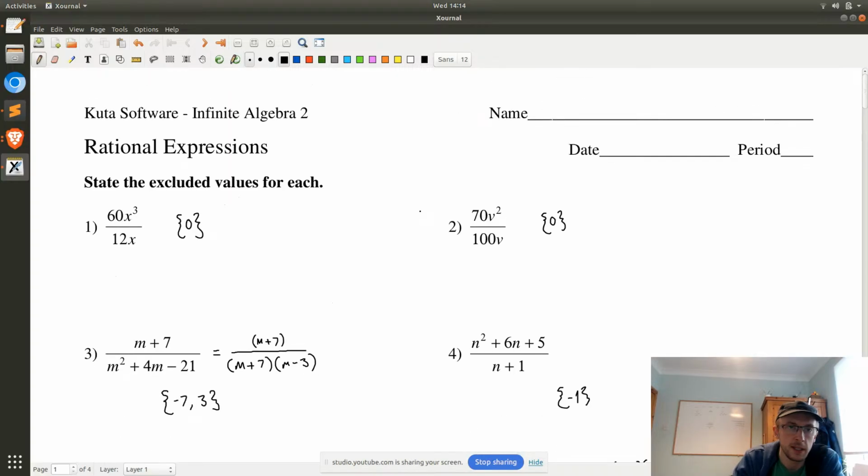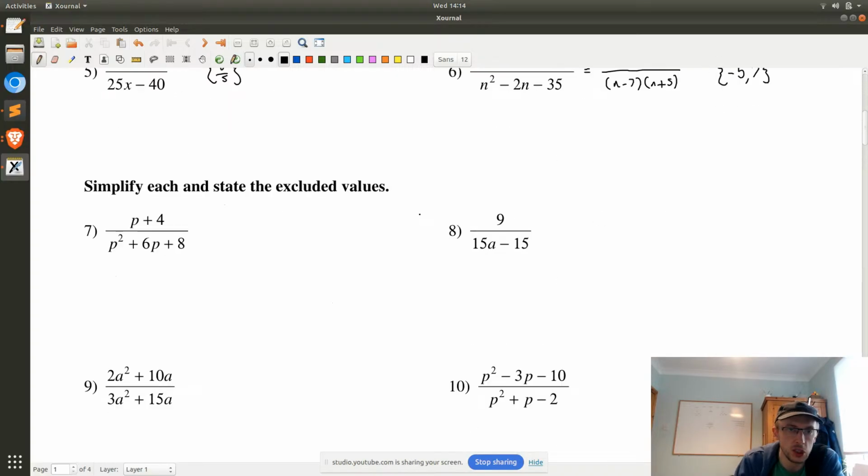Gotcha. Now, simplify each and state the excluded values. Right, okay. So that'll be 1 over p + 2, and the excluded values are -4 and -2.